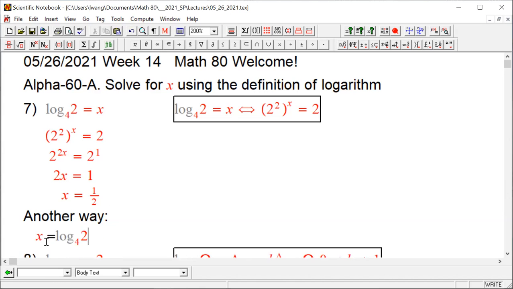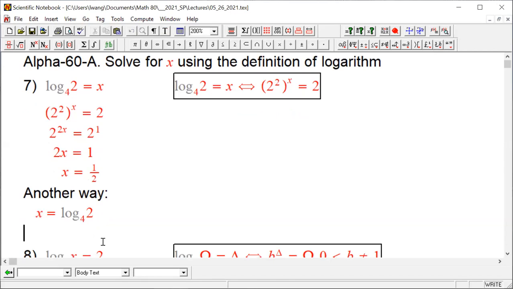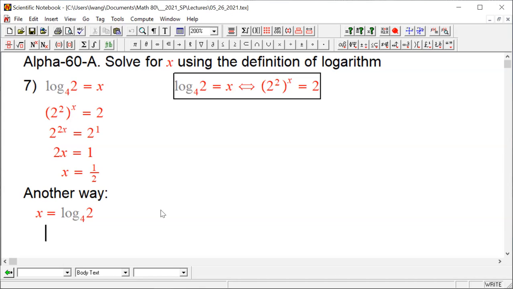In log base 4, the base is 4, but 2 is equal to the square root of 4, isn't it?